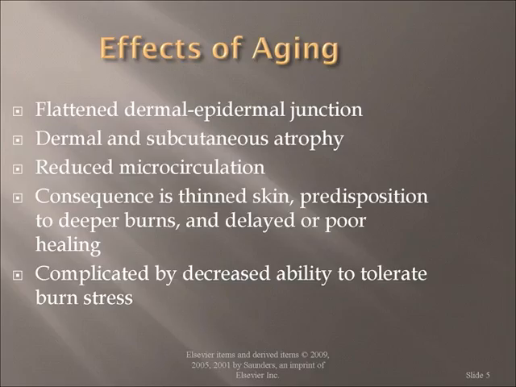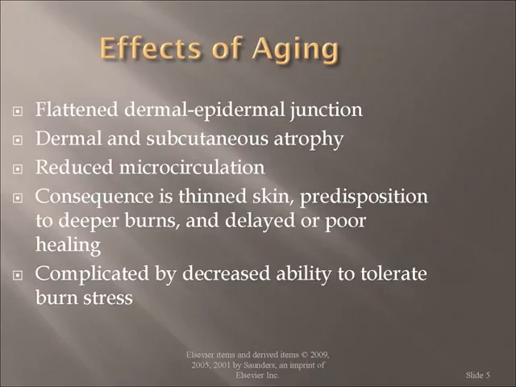So what about the effects of aging on the skin? Well, you start getting flattened dermal epidermal junctions. The dermal and the subcutaneous layer begin to atrophy as you age. There's a reduction in the microcirculation of the skin layers. The consequence of this is what we call thin skin.